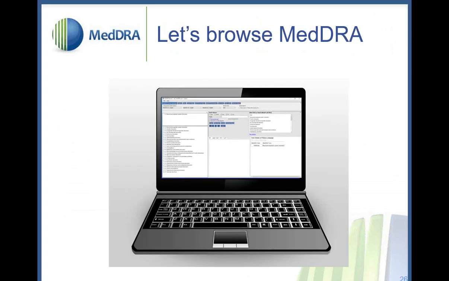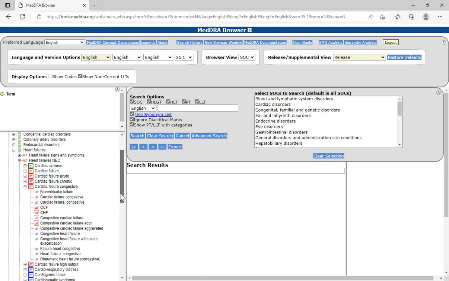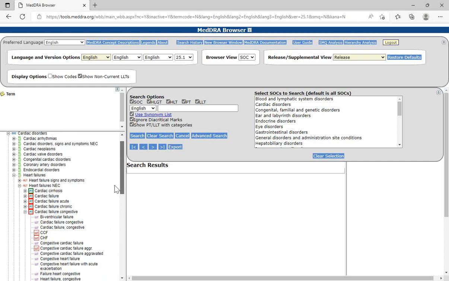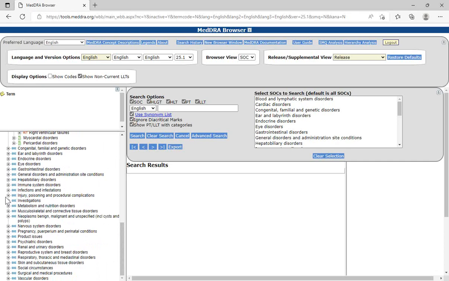Okay, so let's go to our browser and try and approach the particular example that we had. What I'm going to do is, for the most part, the medication error type of terms are found in my SOC Injury. So I'm going to go down and find my Injury SOC. Again, I'm doing a top-down search.